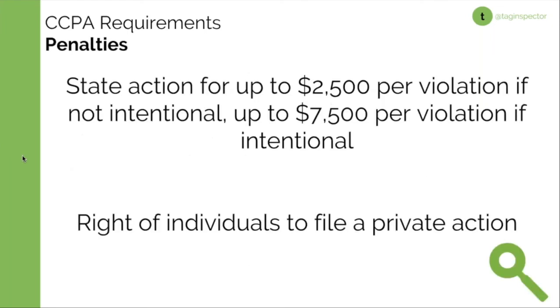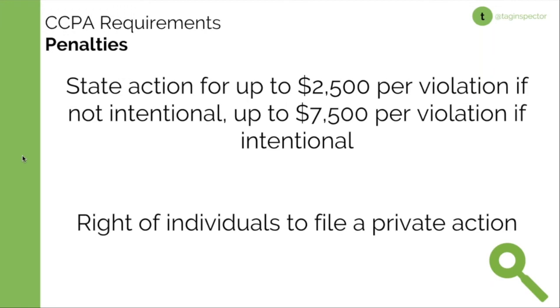Important part here, penalties. At first glance, it's not quite as scary when compared to GDPR, but state action can be taken for up to $2,500 per violation if it's unintentional, and up to $7,500 per violation if it's intentional.